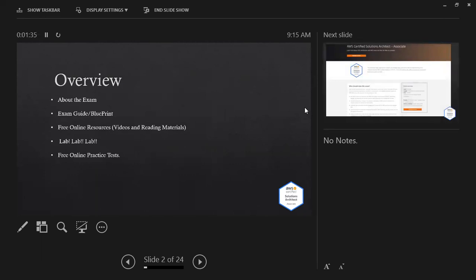What we're talking about here is the exam guide and the blueprint, the free online resources, both videos and reading materials you need to have access to, and also labs. You have to run your lab, have hands-on labs or projects or anything. Just ensure that you get your hands dirty. And also a free online practice test.